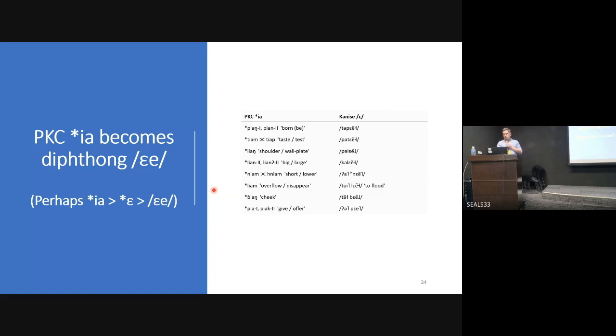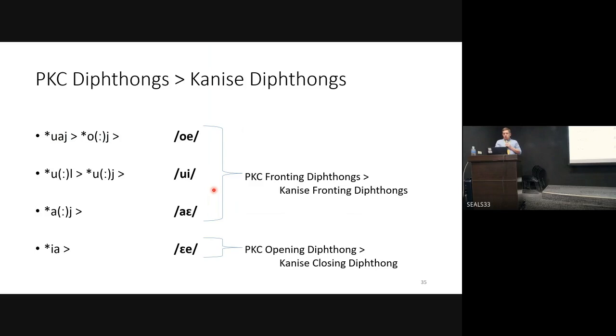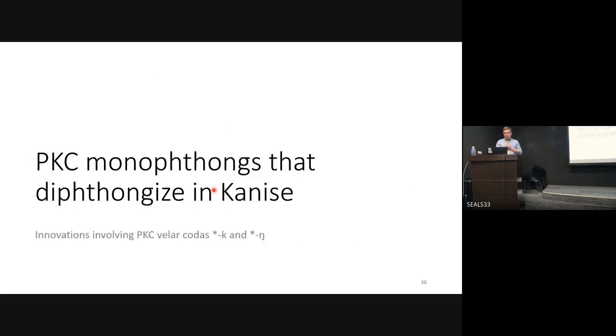So it's all working out pretty nicely. So that's a summary of a few of the diphthongs that remain diphthongs in Kanise. The fronting diphthongs are all still fronting diphthongs, and the A is an iteration on the historical ia.